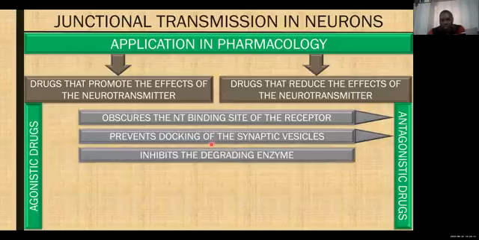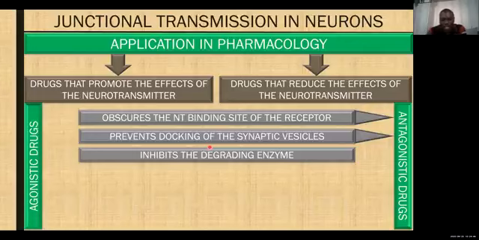Another example, we agreed that once in the synaptic cleft, there are some 3 options that can happen to the neurotransmitter. It can bind to its receptor, it can be degraded by the enzyme, and it can also be taken by the cell that produced it, that is called reuptake, or taken by another cell.